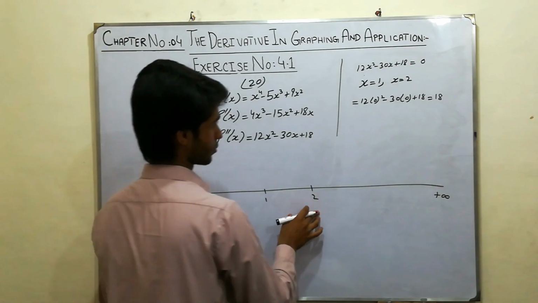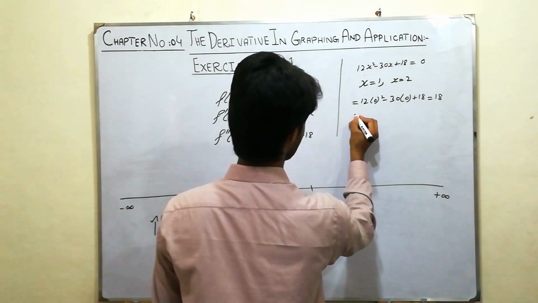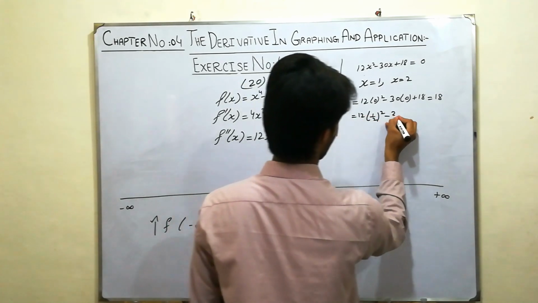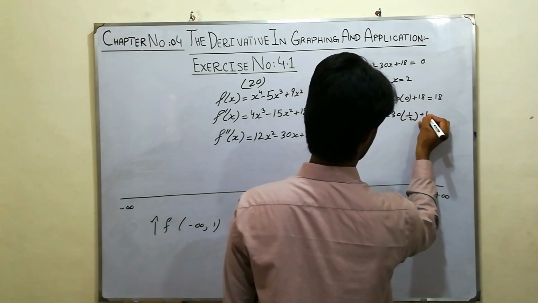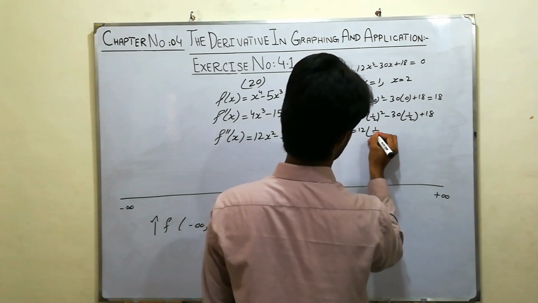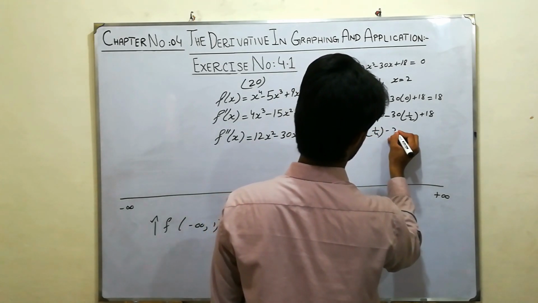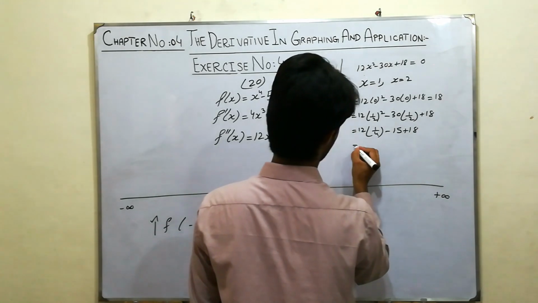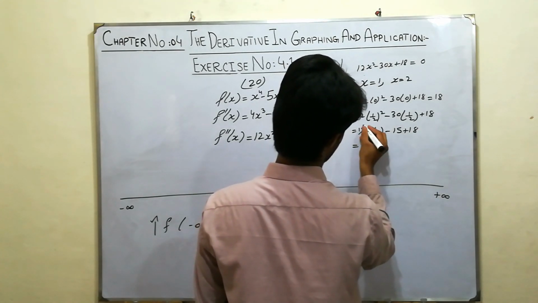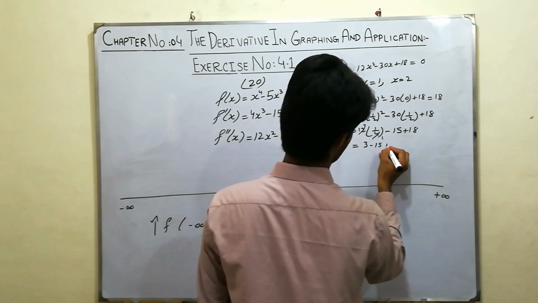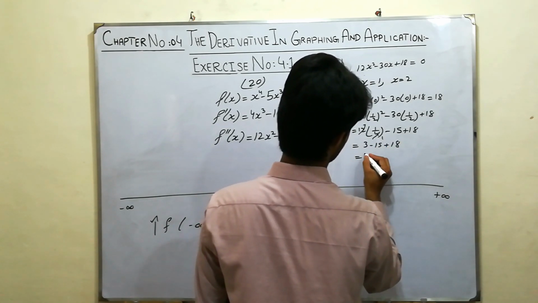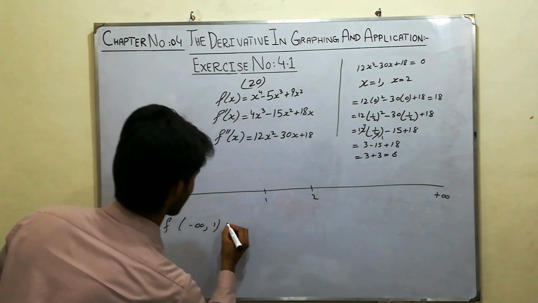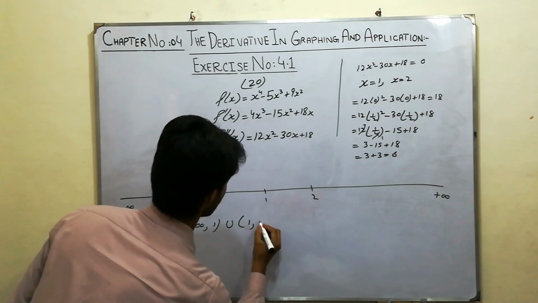If we put a value between 1 and 2, let's suppose 1 by 2, we also have a positive value, then the function is also concave up from 1 to 2.